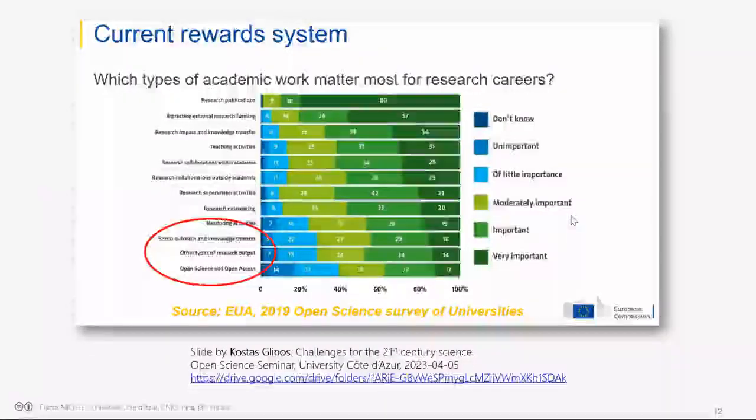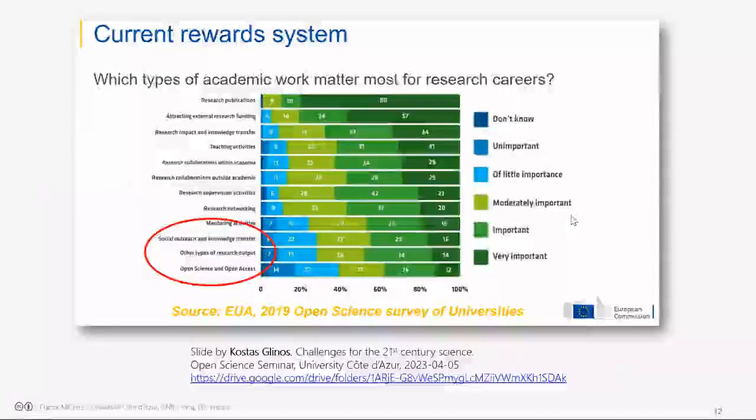Just as an illustration, this is a slide that I took from a presentation given last year by Costas Grinos at University Côte d'Azur. This one illustrates the types of academic work that matter most for the careers of researchers. And you see, without surprise, at the top is research publications.